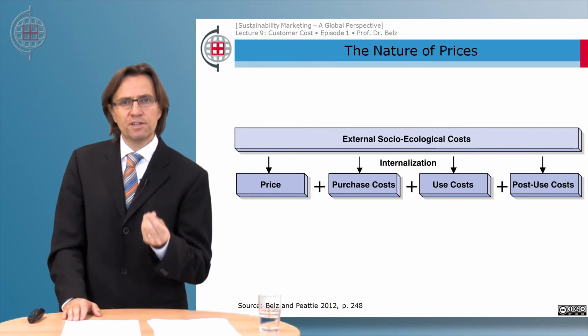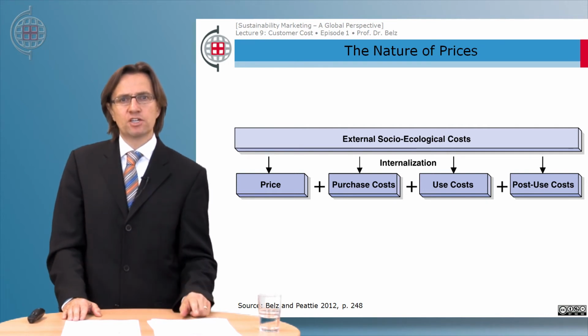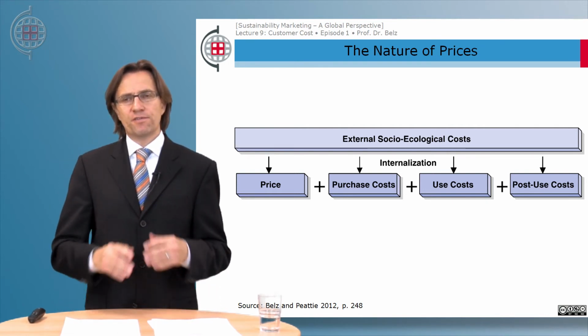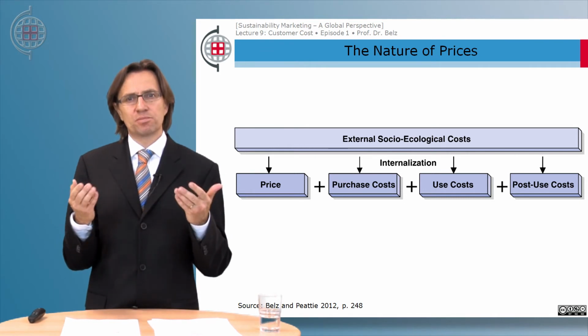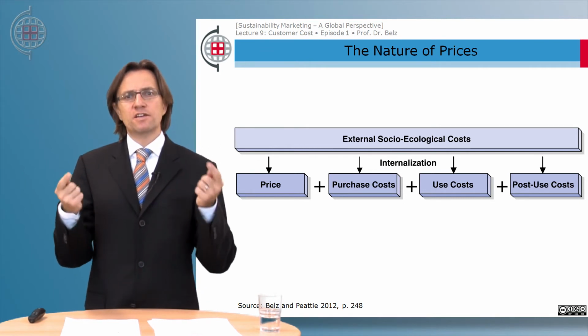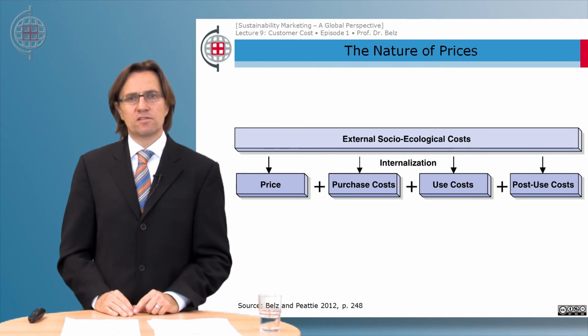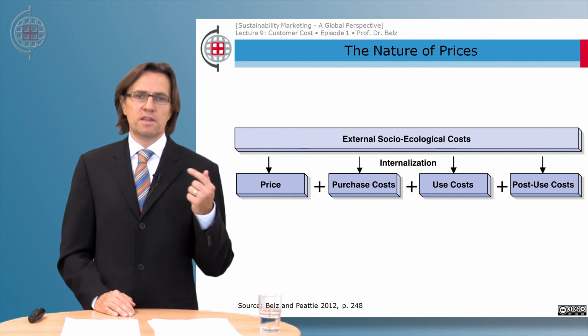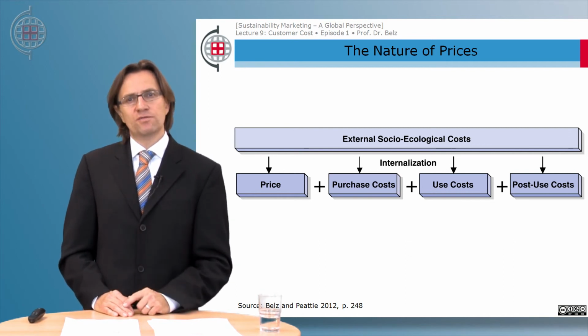And that's the reason why we have to make changes in the framework. We have to set the prices right and internalize the external costs, to include it in the price, but also the purchase, the use costs, and the post-use costs.